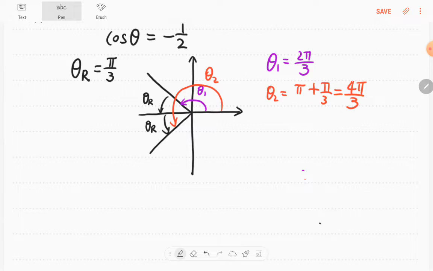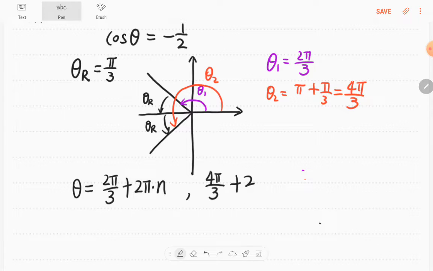So we can say our theta is equal to 2 pi over 3 plus 2 pi times n, a multiple of revolution, or 4 pi over 3 plus 2 pi times n. That is the coterminal angles for the red angle, theta 2, right? So that includes all the solutions. So n equals 0, plus minus 1, plus minus 2, and so on.